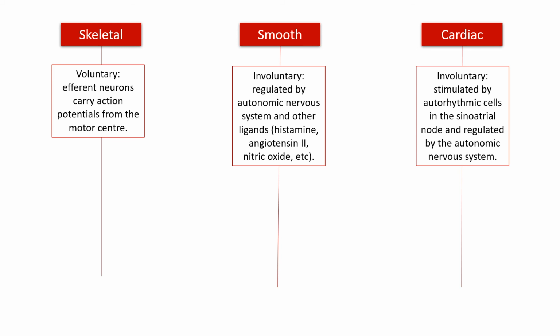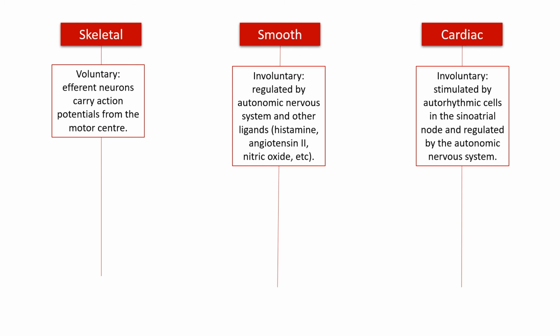Cardiac muscle is also involuntary. Here it's actually regulated by the autonomic nervous system. So the autonomic nervous system does have an impact because it can increase heart rate, it can increase the strength of contraction or reduce it. So there is an autonomic input, but the actual main stimulus is from autorhythmic cells within generally the sinoatrial node.